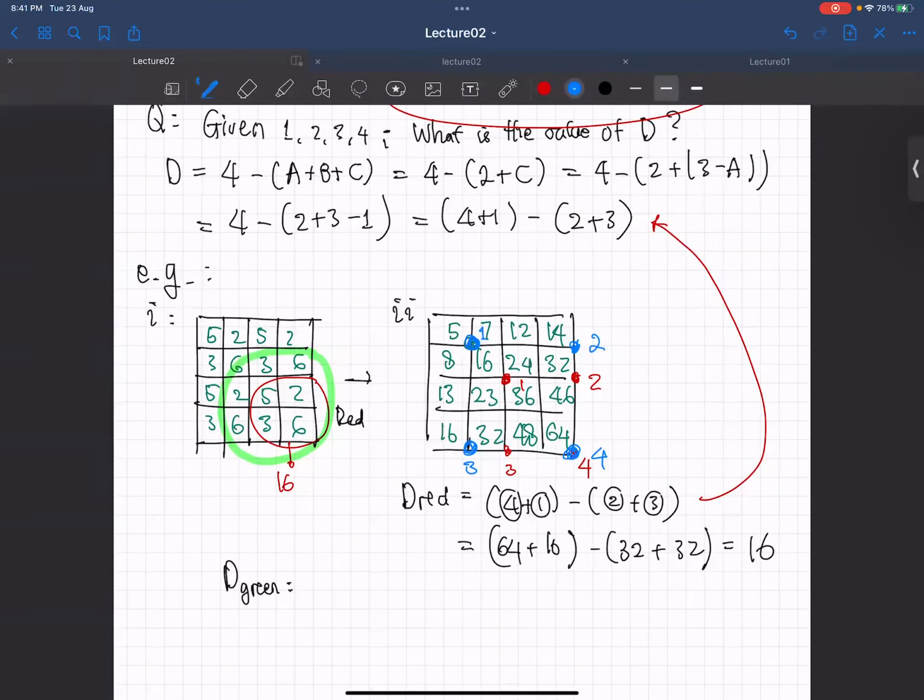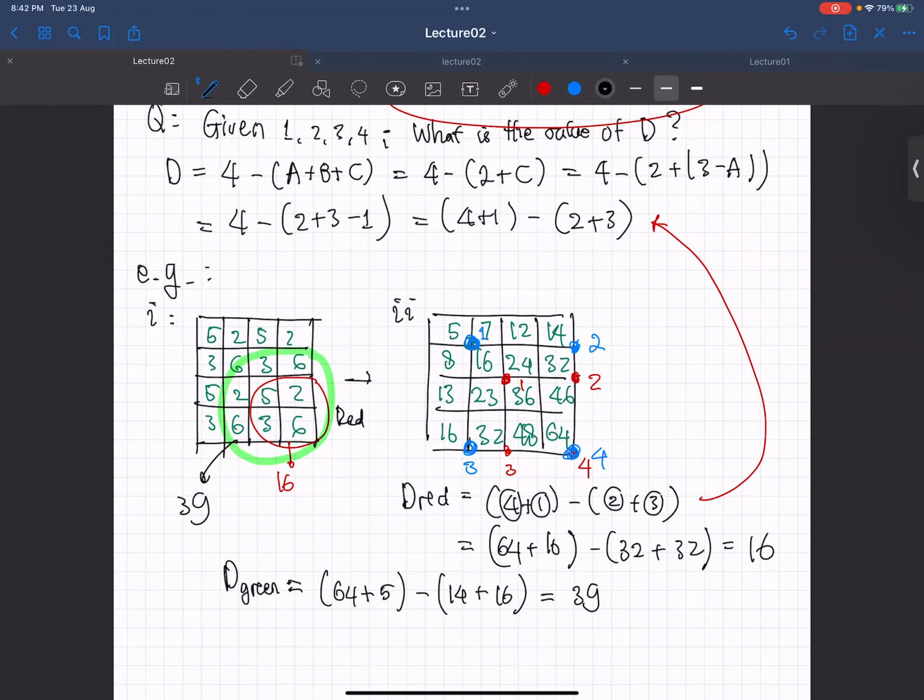So again, node number 4 equals 64 plus block number 1, which is 5, minus 14 plus 16, equals what? 39. So what is the sum of this green block? 6 plus 3 plus 6, 15, 17, 23. Well, you can compute it yourself, but I believe this will be 39.